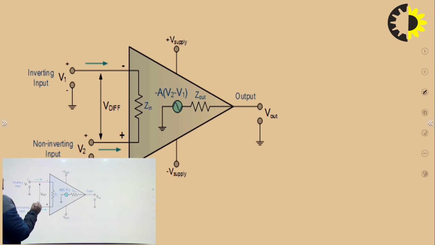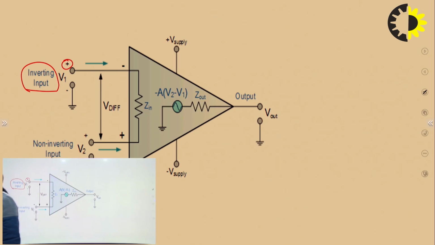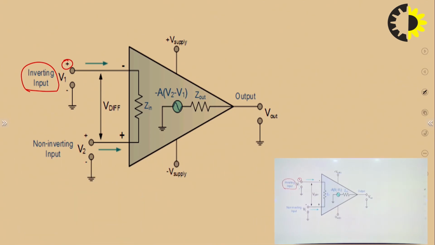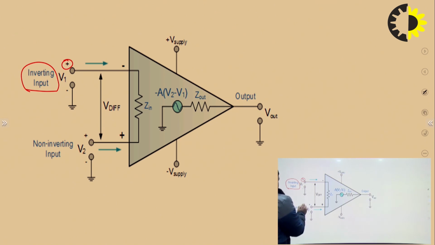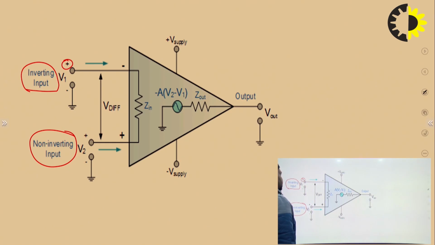In the op-amp, there are two terminals: the inverting and non-inverting terminals. For the inverting terminal, the output is 180 degrees out of phase with the input voltage. If we apply a signal at the non-inverting input, the output is the same as the input voltage. So, this is the non-inverting input.